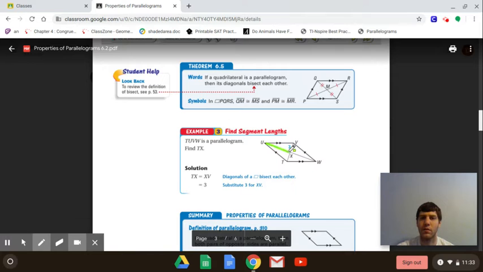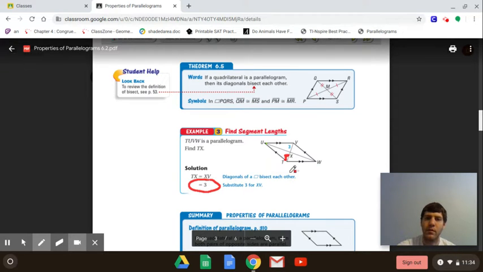This piece is congruent to this piece, and this piece here is congruent to this piece here. So if we're looking for XT, it's going to be 3. I should have zoomed in probably. If that piece is 3, this piece right here is also 3.